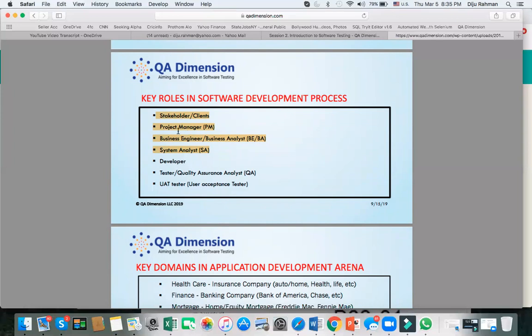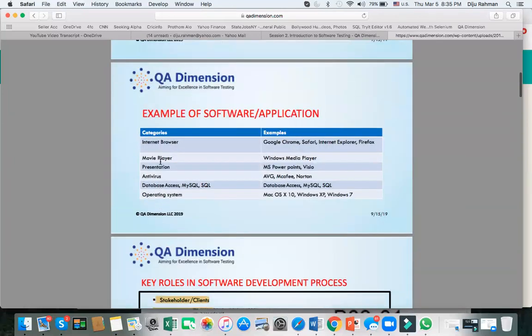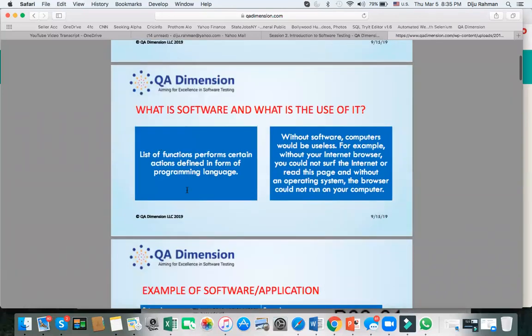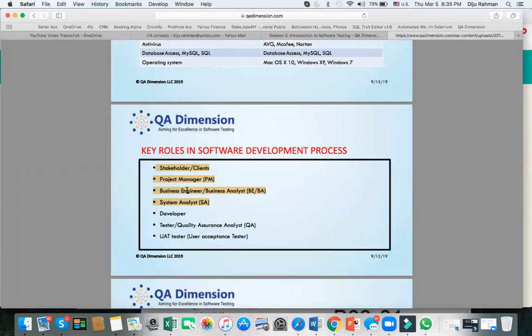Those people provide him whatever he needs to develop the software. He's the one who starts coding, who knows the programming language. He designs the application and software and writes the code. So the developer role is very clear. He's the one who makes it happen.